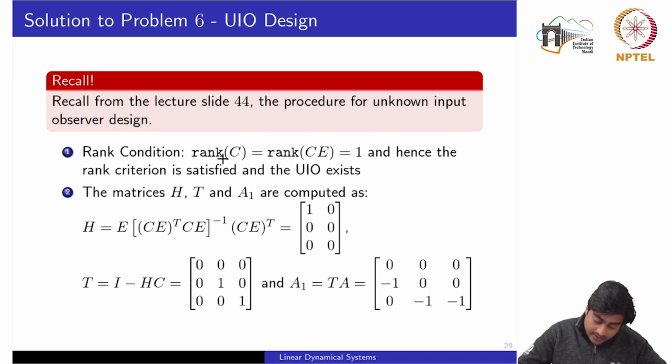If we check the rank condition of C and CE, it is equal to 1, so a UIO exists, and this H is a special solution which we have computed. The rest of the matrices, the T matrix and the A1 matrix, were straightforward to compute once we had computed the H matrix from the first step.